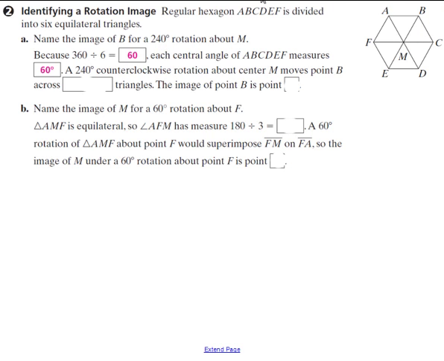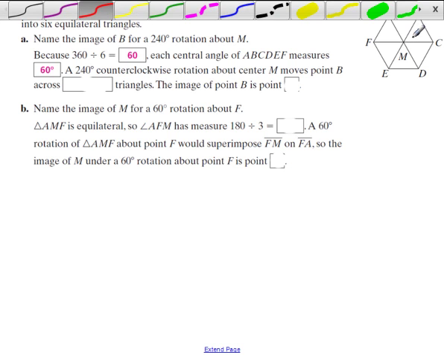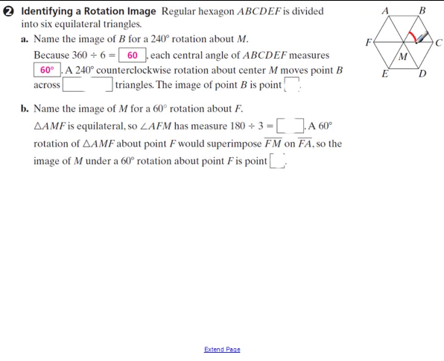So if we were to go, here would be one 60 degree increment, then another 60 degrees would be 120, another 60 degrees would be 180, and another 60 degrees would be 240. So if we took B and rotated it around M, we would rotate that around 240 degrees, and so the image would actually lie 4 triangles away, right on top of, oh, they're going the other way.